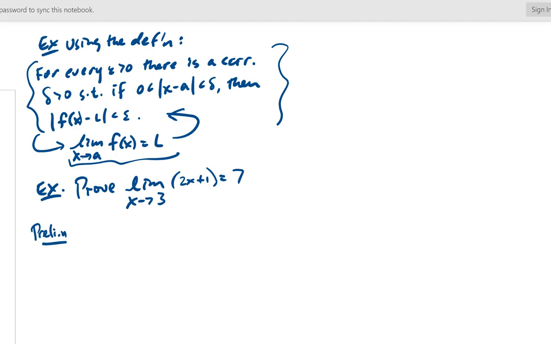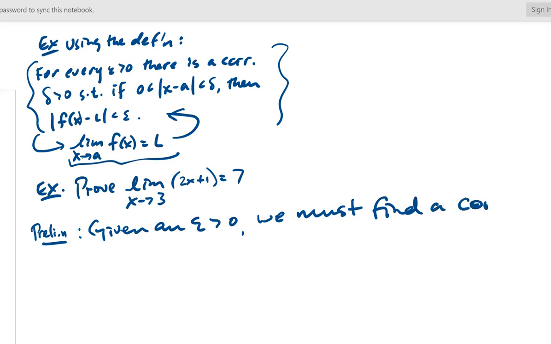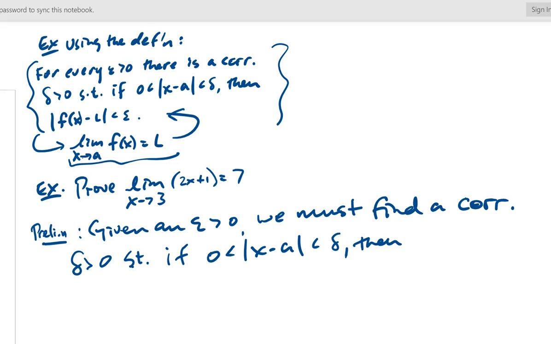The preliminary step is we must, given an epsilon greater than 0, find a corresponding delta greater than 0 such that if 0 is less than the absolute value of x minus a is less than delta, then the absolute value of f of x minus L is less than epsilon.